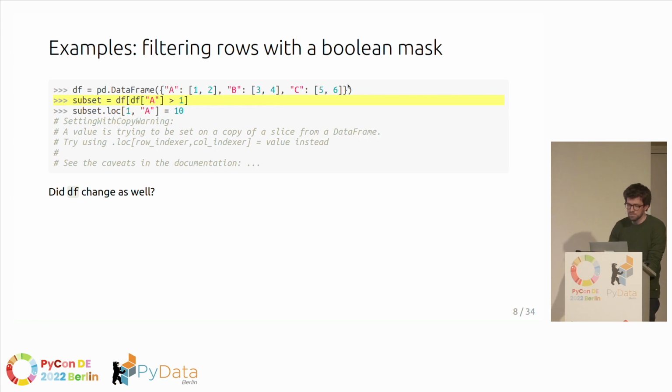And then I'm mutating, I'm changing the second DataFrame subset, in this case, setting a specific row and column value. This triggers the warning, and so the question regarding this copy and view is then, by changing the subset, the second DataFrame, did also the original DataFrame change?